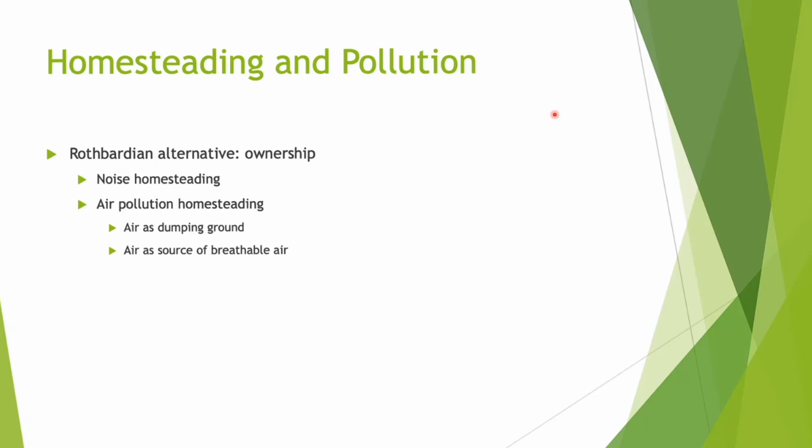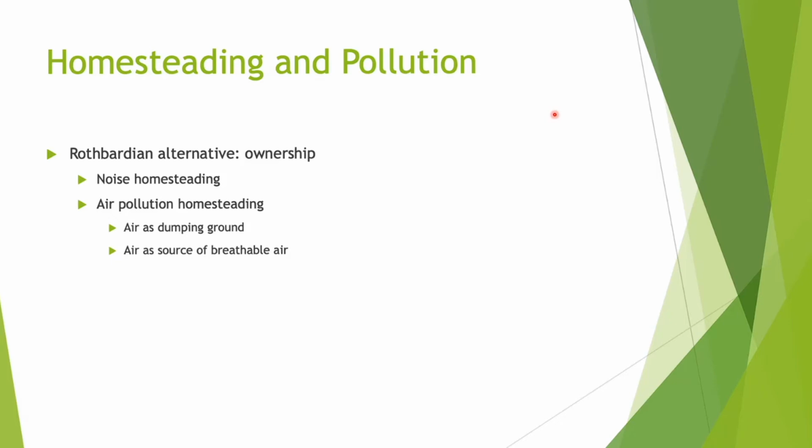Excessive noise can be considered a form of aggression unless the noise has been generated by someone who has sort of homesteaded that right. So, for example, let's suppose an airport is built with a lot of empty land around it, and the airport generates a certain noise level. And then a housing development buys land near the airport, and then the homeowners sue the airport for excessive noise.